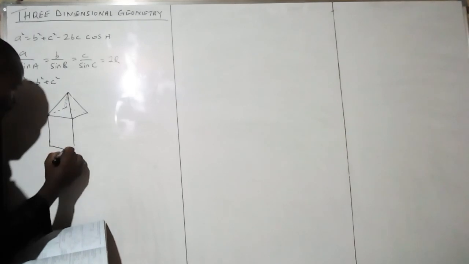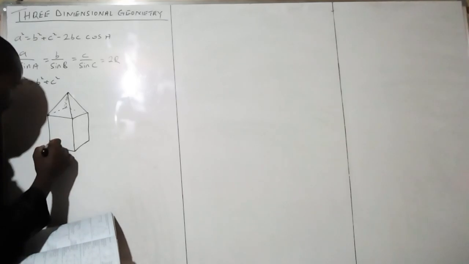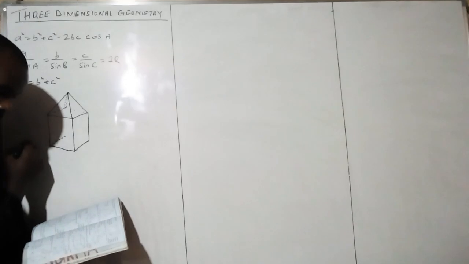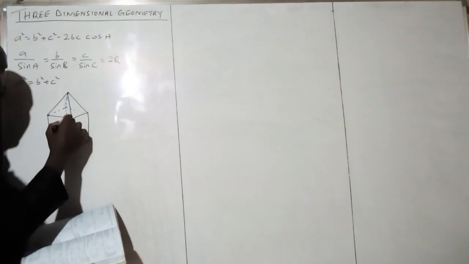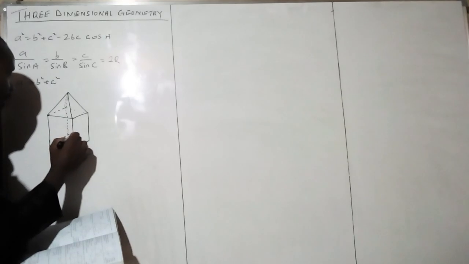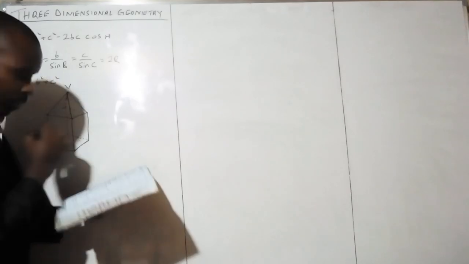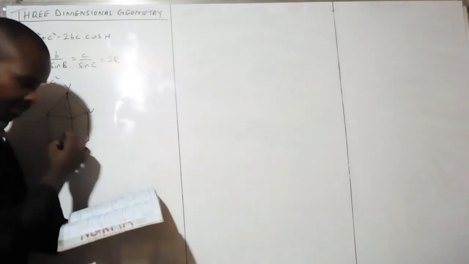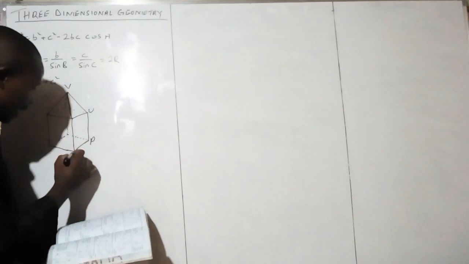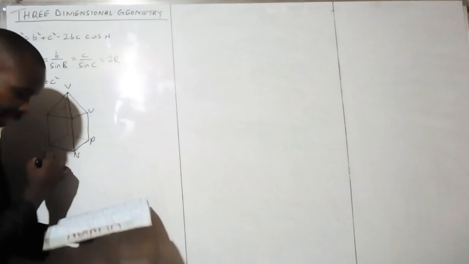Then that's how it looks. We have a line there. Then we have V, U, P, N, M, S.